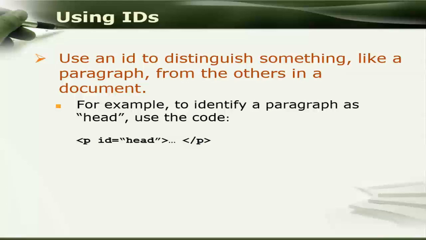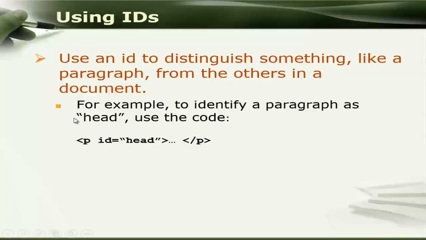The IDs are meant to uniquely identify an element. If two elements have the same ID, then it is not possible to uniquely identify them. It's like your register number. If your register number starts repeating, then it is not possible for us to assign a mark, or it is not possible for anybody to pinpoint one particular person.